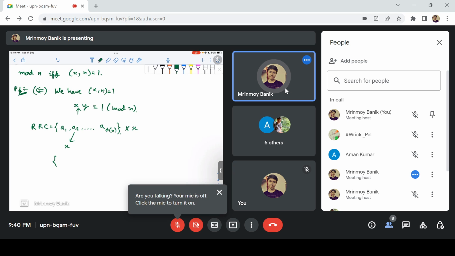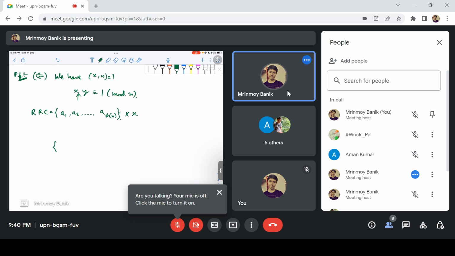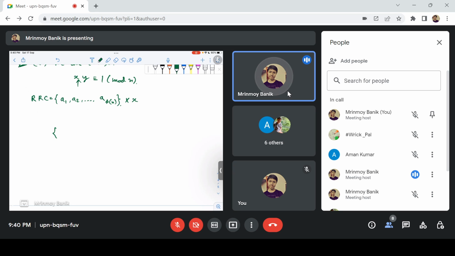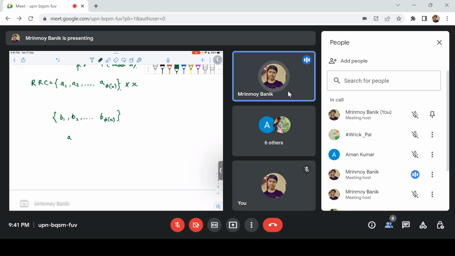Then we argue as before. So multiply our whole reduced residue class with x, and then we get a new set, b1, b2 up to b phi n, and then we will argue that any AIx can't be equal to AJx mod n. Why is this true? Since that will imply x times AI minus AJ is congruent to 0 mod n.